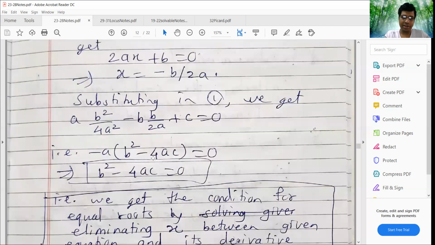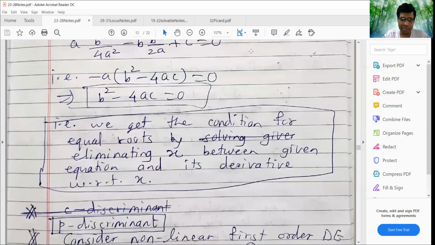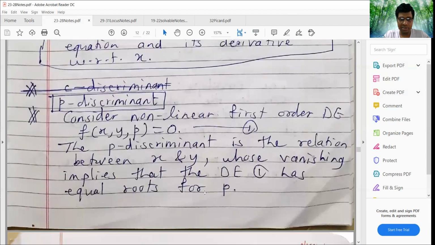We have seen that this can be obtained by using partial derivative also. We get the condition for equal roots by eliminating x between the given equation and its derivative with respect to x. Now let us see the differential equation f of x y p equal to 0. We check the conditions where we have equal roots for p and equal roots for c. These are the p discriminant and the c discriminant.